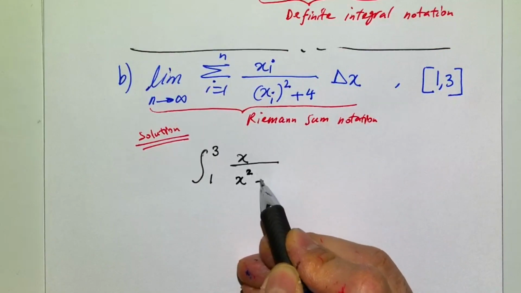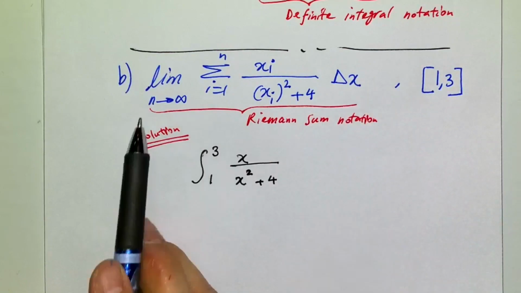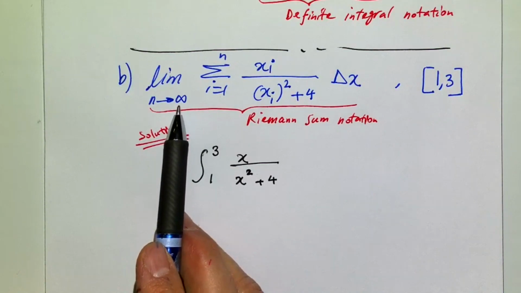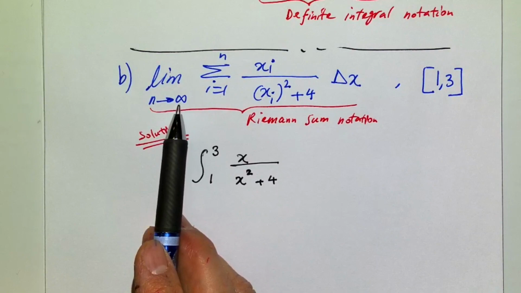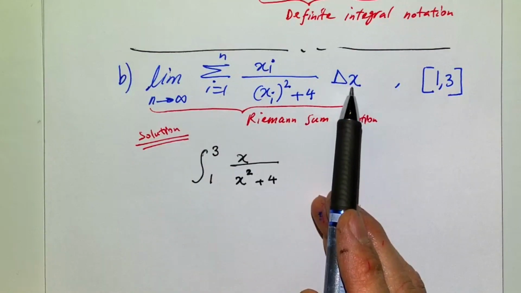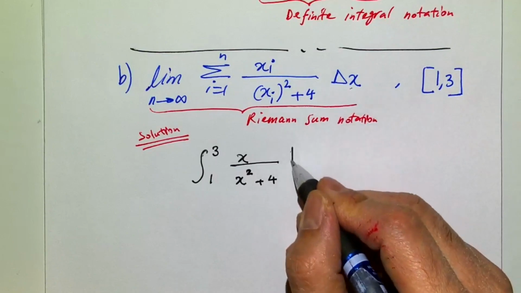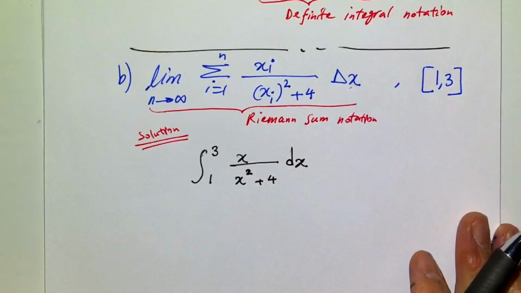And of course, delta x. When you have n going to infinity, infinitely many of those rectangles, rather than 4 and 6, then that delta x is infinitesimally small. When that happens, we call it dx. We no longer call it delta x.